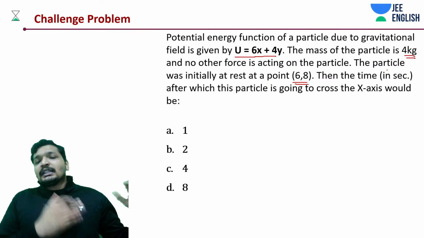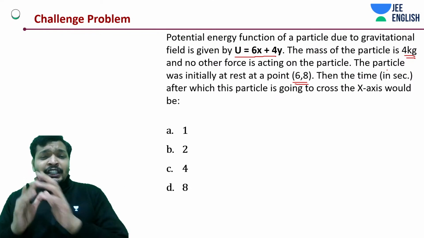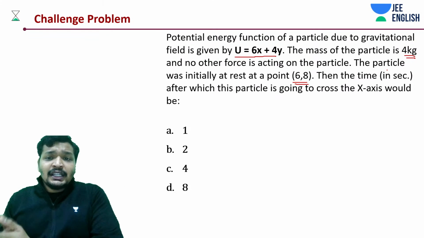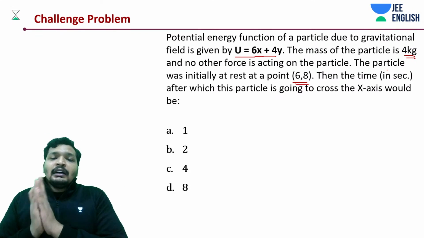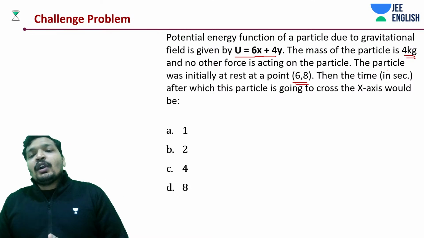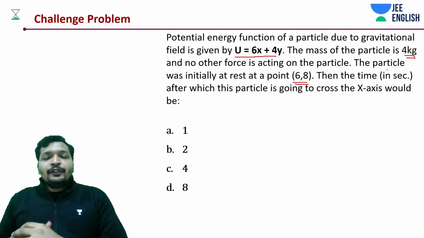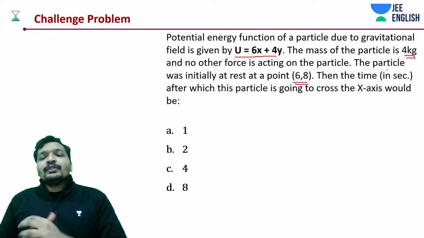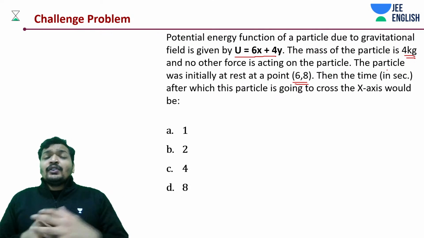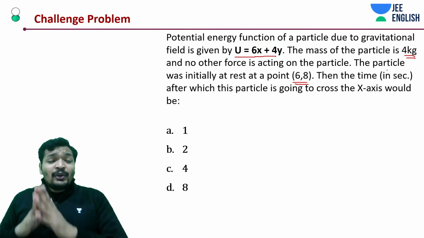Now the question is, given a function for gravitational potential energy and a few conditions, what is going to be the time, something related to force. We'll get into this problem, but try to solve it. Definitely have a look at this problem, students.